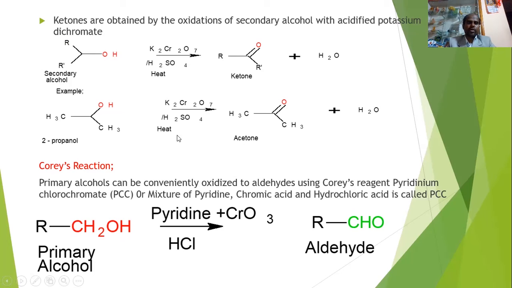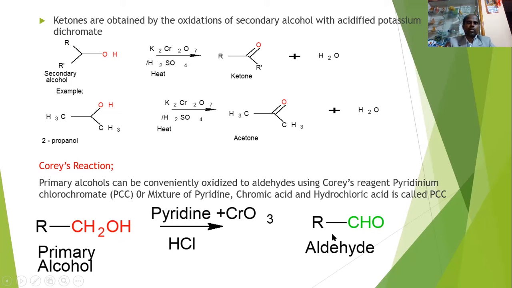Okay. This particular one is Corey's reaction. Corey is a scientist. Corey's reagent is called pyridinium chlorochromate. Pyridinium chlorochromate is obtained by the combination of pyridine, chromium trioxide, and HCl. So when a primary alcohol is treated with pyridinium chlorochromate, it selectively gives aldehyde. That means this aldehyde does not proceed to acid even in the presence of excess pyridinium chlorochromate.